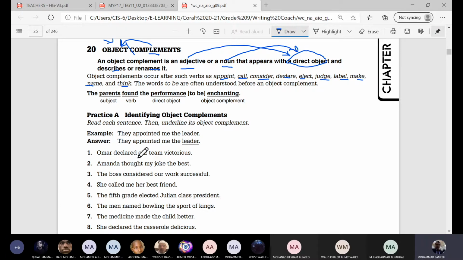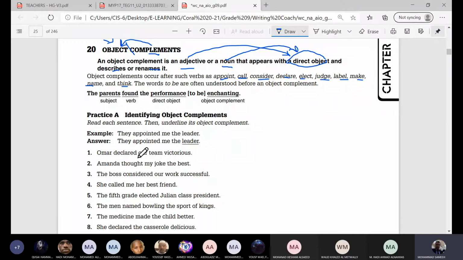I can say consider: I consider my parents kings and queens, or I consider my parents a king and a queen. King and queen are just renaming the parents, so both of them are object complements after the direct object parents.